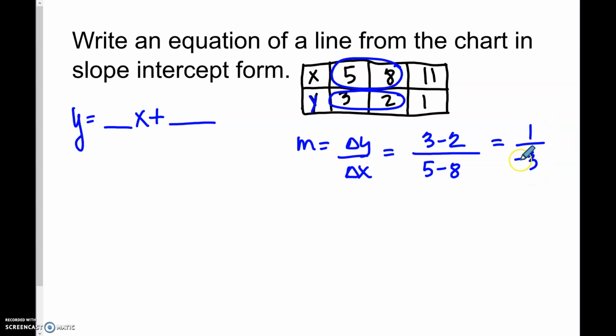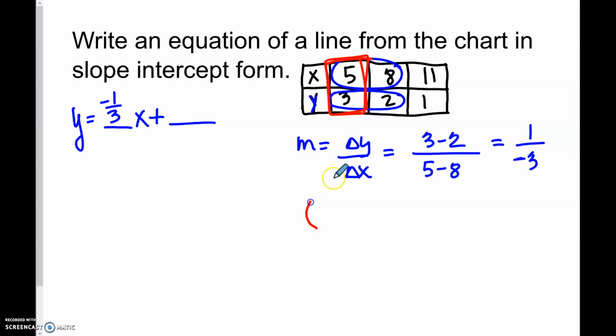Now remember, mathematicians don't like that negative on the bottom, so I'm going to put it in the top when I rewrite it. So I'm going to write -1/3. All right, now I need to find the y-intercept. I have all kinds of points here. Remember, I need an ordered pair, one x and one y.